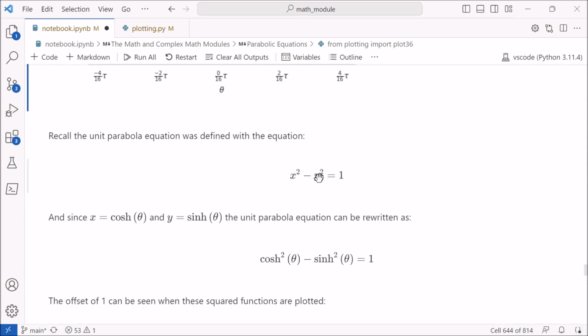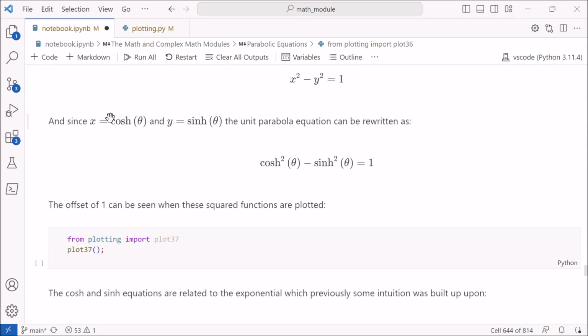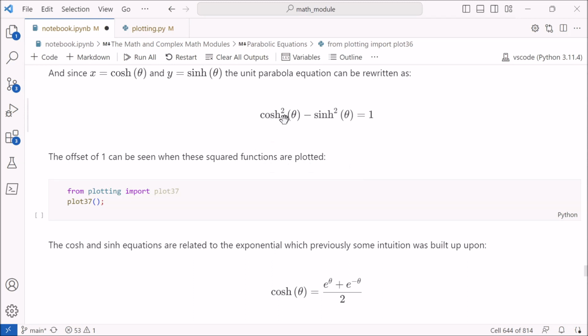So recall the unit parabola was defined using the equation x squared minus y squared equals 1. And since we've got our definition of x and y, and the radius is 1, then we've got cos squared theta minus sine squared theta equals 1.